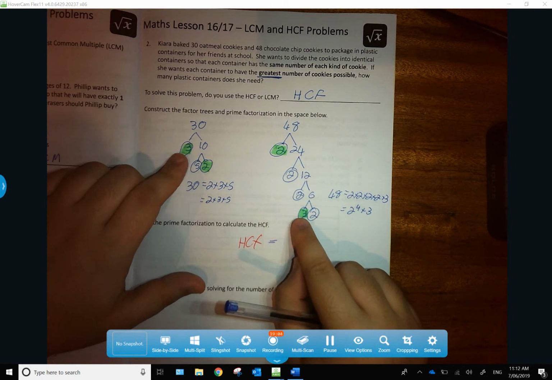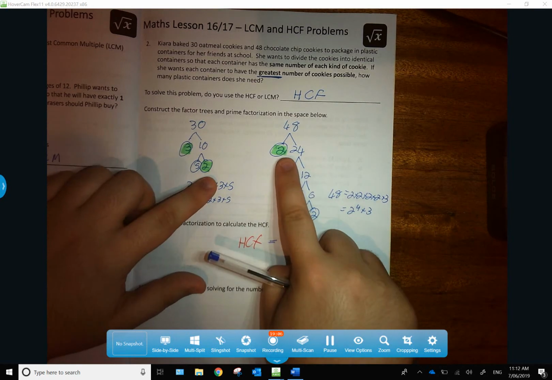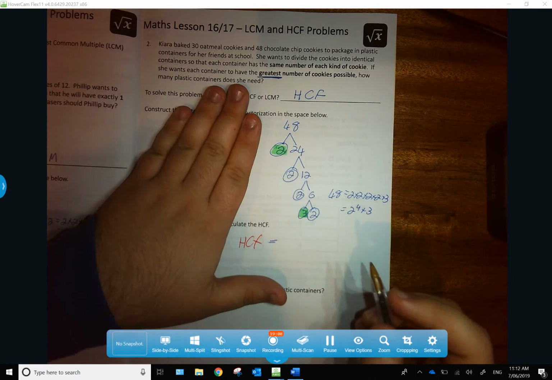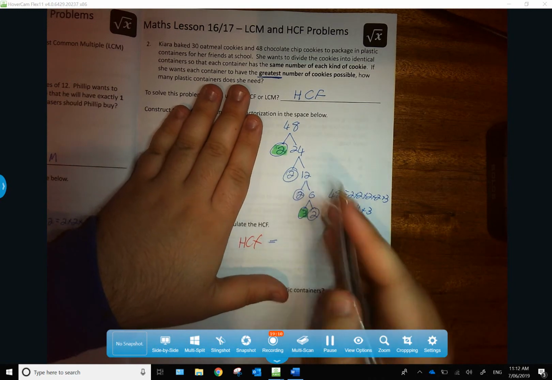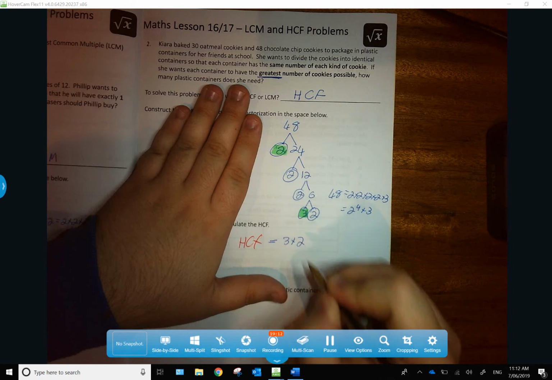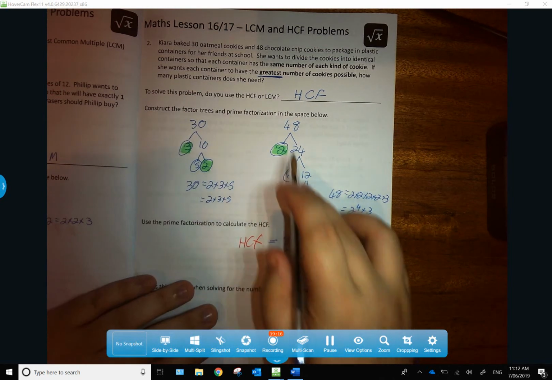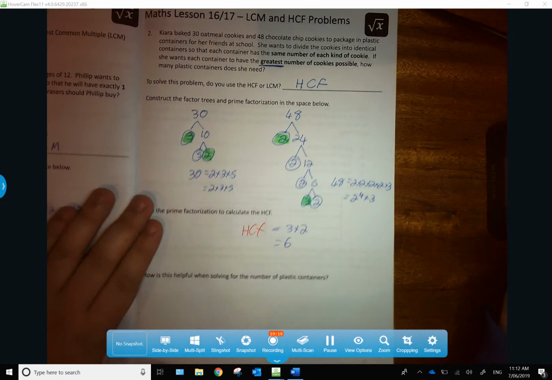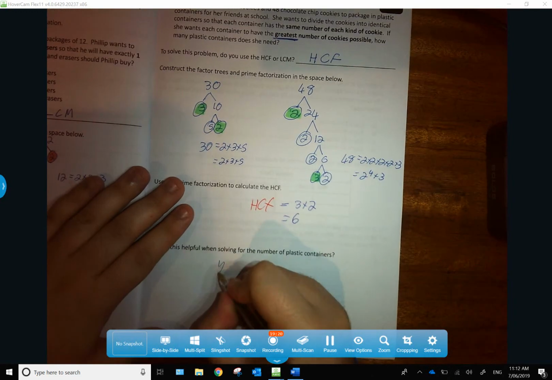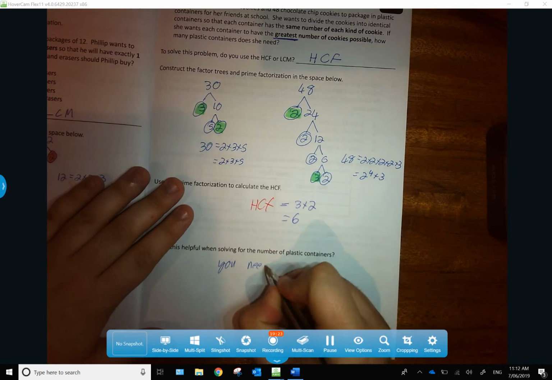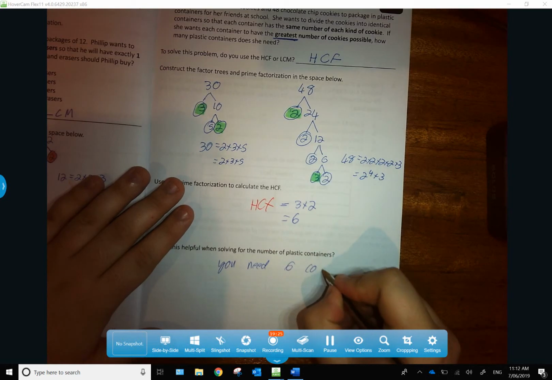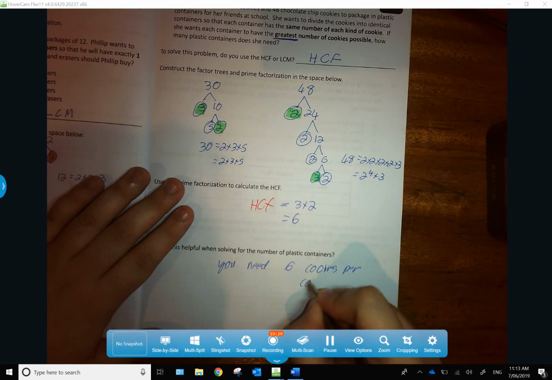I've got a pair of 3s and a pair of 2s. So only look at one of the trees and just say, oh, well, that's the same as 3 times 2, which is 6. So 6 is the highest common factor here. So to finish this word problem, you need 6 cookies per container.